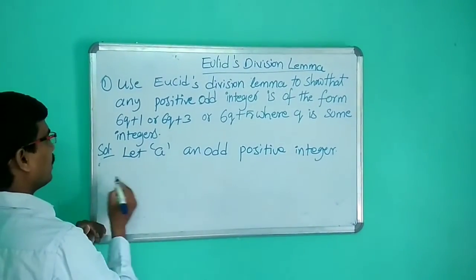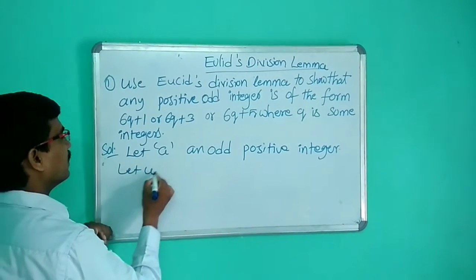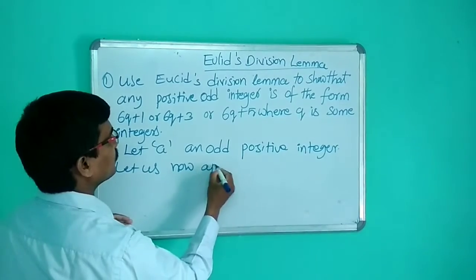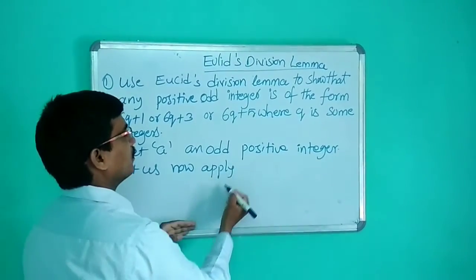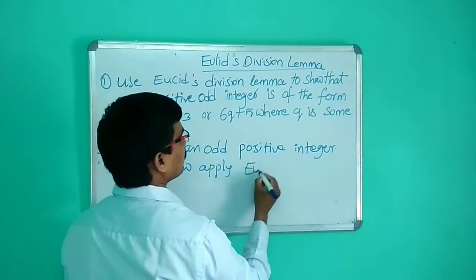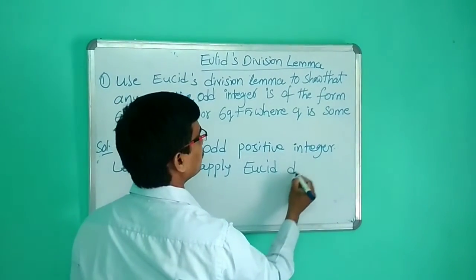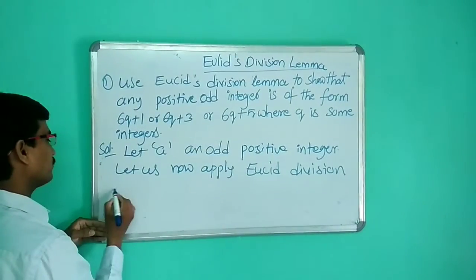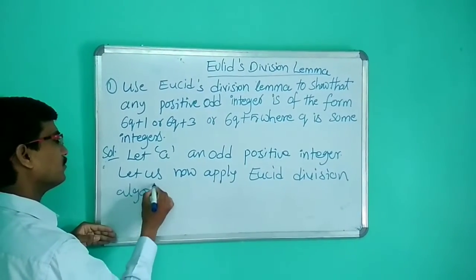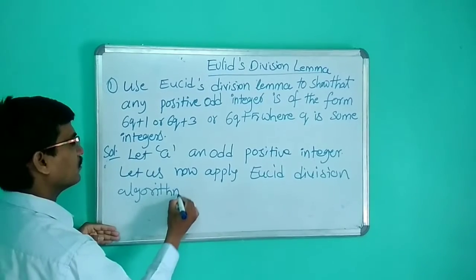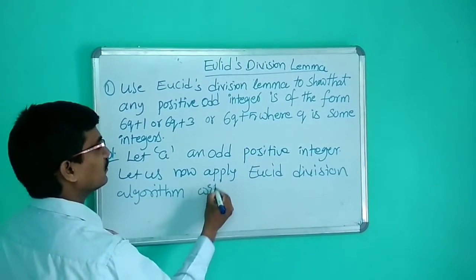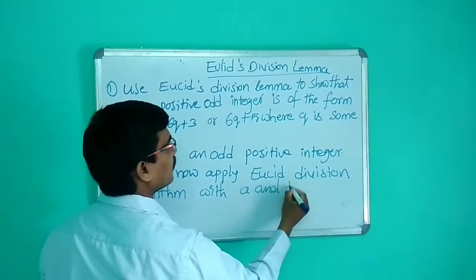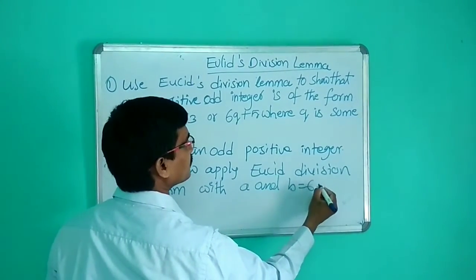So let us now apply Euclid's division algorithm with a and b = 6.